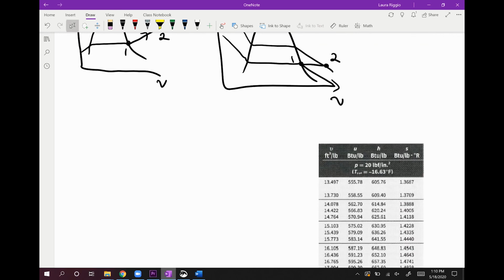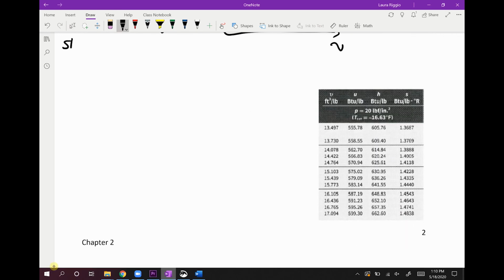So let's look at state 1. We have saturated vapor, and this is ammonia. So my temperature at state 1 is equal to my saturation temperature at 20 psi.